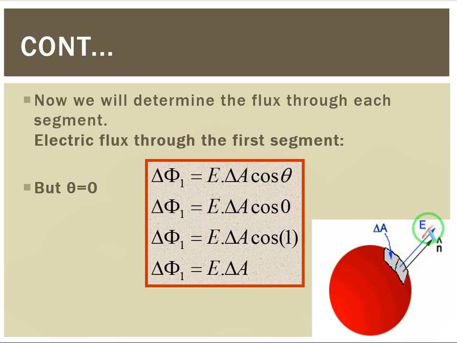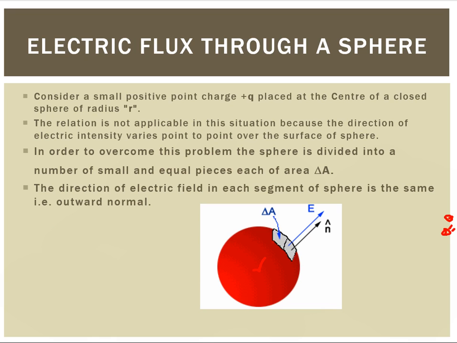So the direction of electric field intensity and the direction of area, both are the same. So theta is equal to 0. So EA cos theta, cos 0 is equal to 1, and so flux 1 is equal to EA. We mentioned in this slide that the direction of electric field in each segment of a sphere is the same.